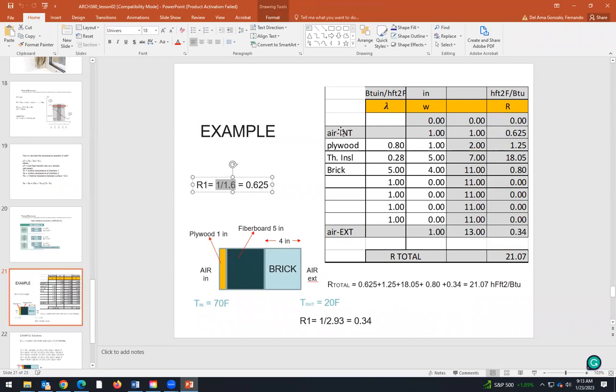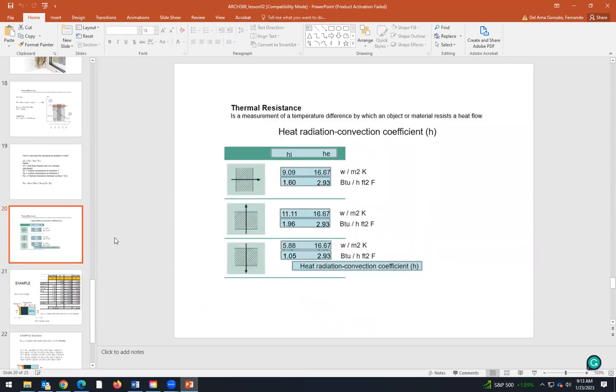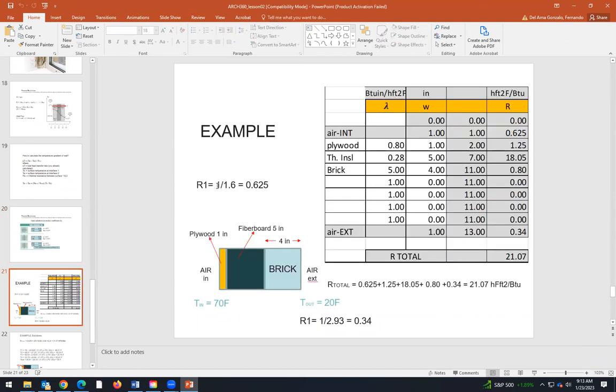This is the thermal resistance of this indoor air layer, or interior air layer. It's always 1 divided by the coefficient. If the coefficient is 1.6, this is 1 divided by 1.6, 0.625. So this thermal resistance is 0.625.